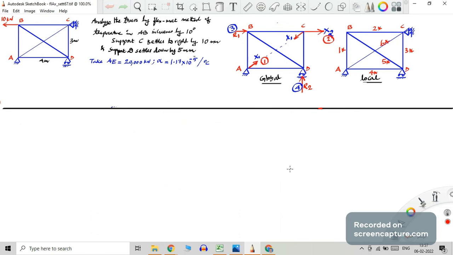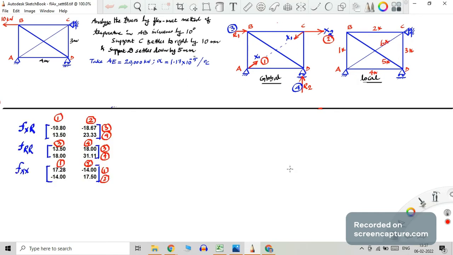So now with that we can start doing the problem fully. As usual you got B_RB_X. Now what you need is F_XR, F_RR, F_RX, F_XX, etc. Out of this, F_RX is of no use because that is just the transpose of F_XR, and that will not come into our equation process.